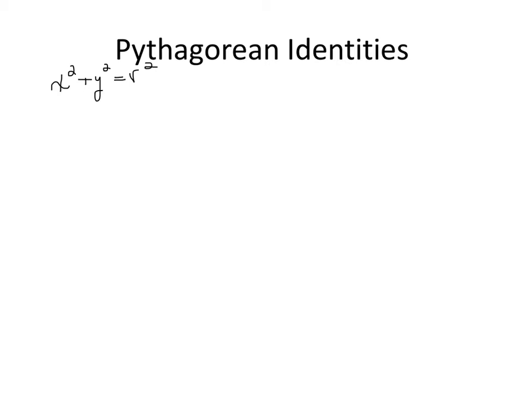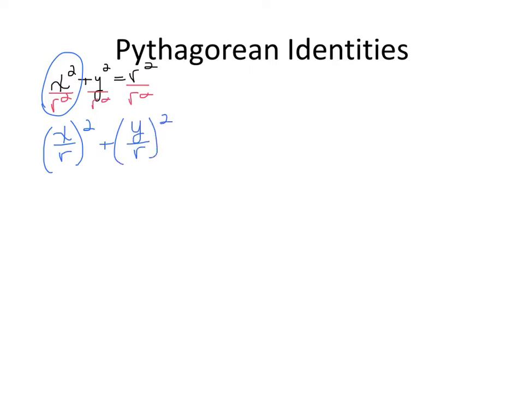So in this case, we'll divide by r squared. From here, we can take this term, x squared over r squared, and make that x over r squared. The next term can be y over r squared. And then the final term, r squared over r squared, really is just 1.